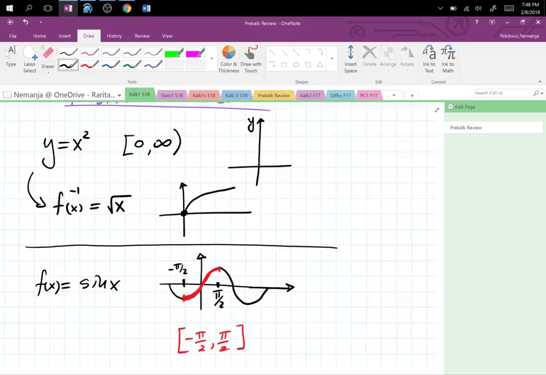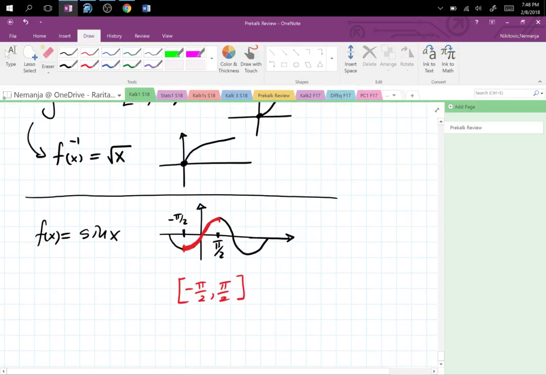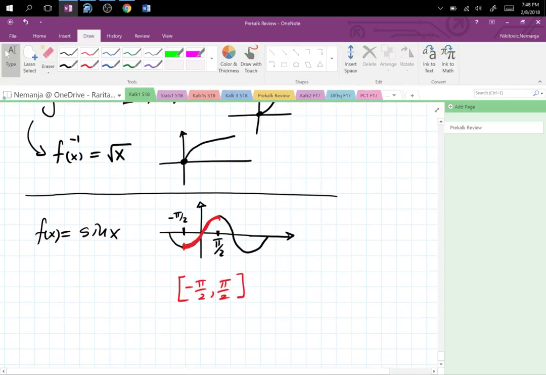Oh my God, this is still annoying. You will have the inverse. So the inverse is going to change: your pi/2 and -pi/2 are going on the y-axis, and your -1 and 1 go on the x-axis.